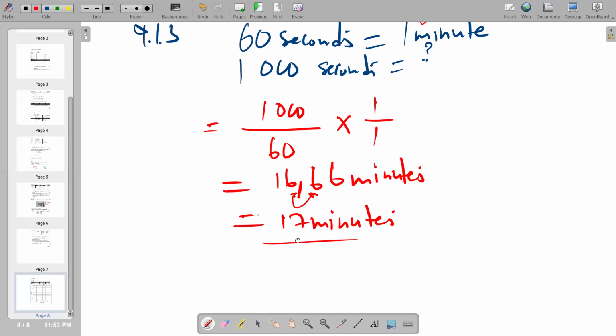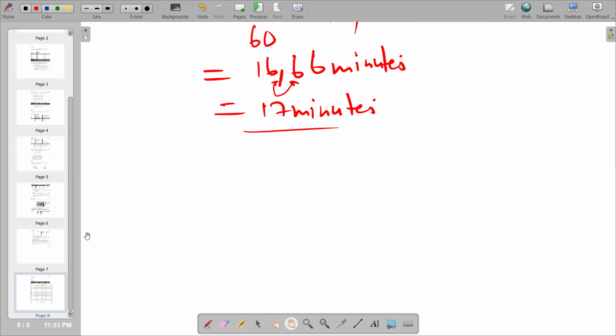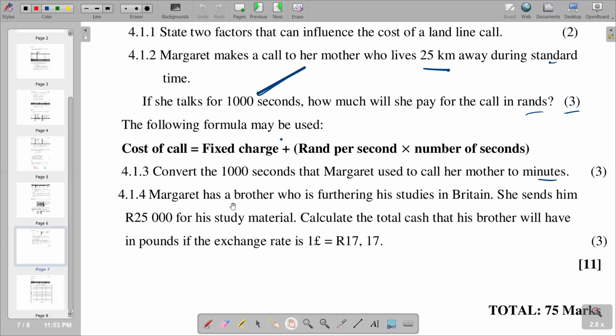Then we move on to the next part of our question, which is going to be the last one. Margaret has a brother who is furthering his studies in Britain. She sends him 25,000 rands for his study material. Calculate the total cash that his brother will have in pounds if the exchange rate is 1 pound equal to 17 rands 70 cents.